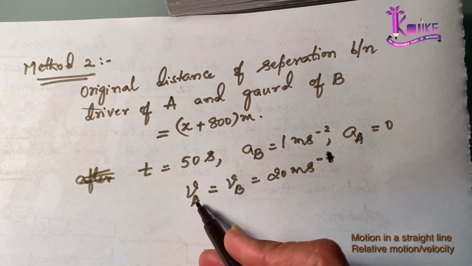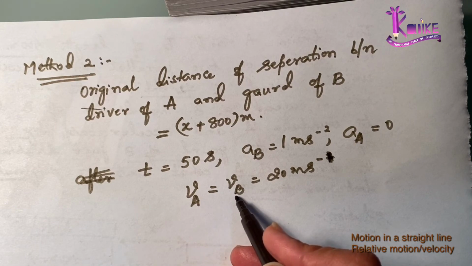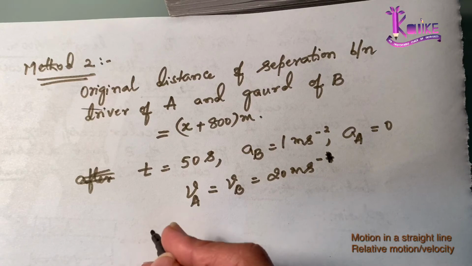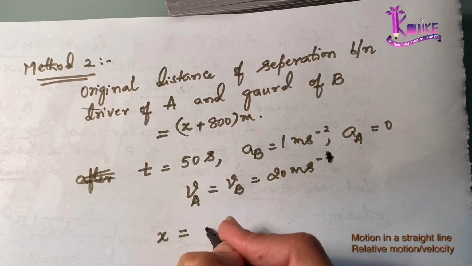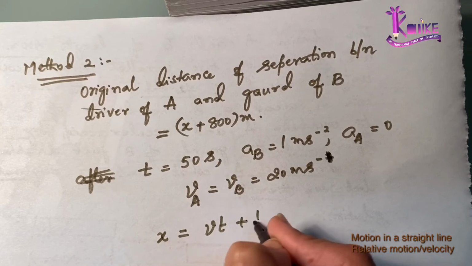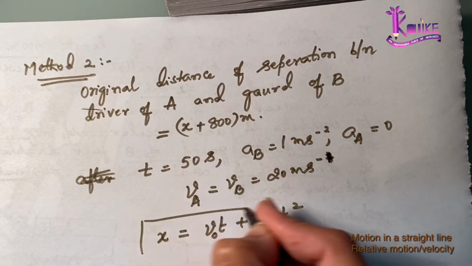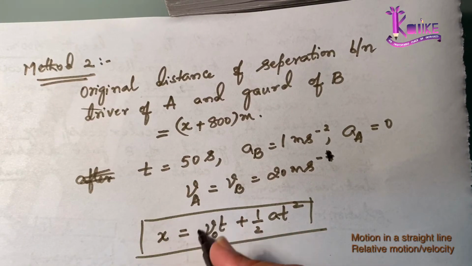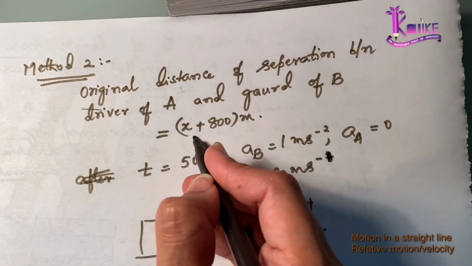So now since both the reference frames, which are train A and train B, are in motion, when you write the expression for distance traveled is equal to V naught into T plus half AT square, which is the general formula. Here, instead of V naught, what is x? X is the original distance.